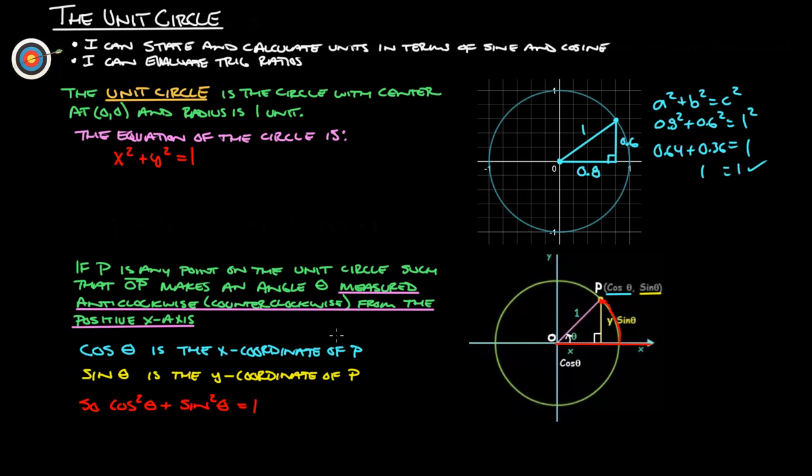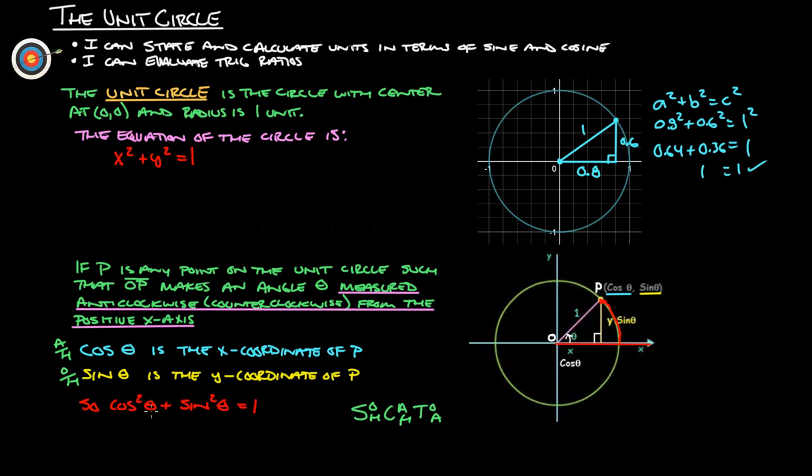Okay? Now, if you look on this, cosine of theta, if you remember our dear friend SOHCAHTOA, right? SOHCAHTOA. If you remember, cosine here is adjacent over hypotenuse. Sine is opposite over hypotenuse.